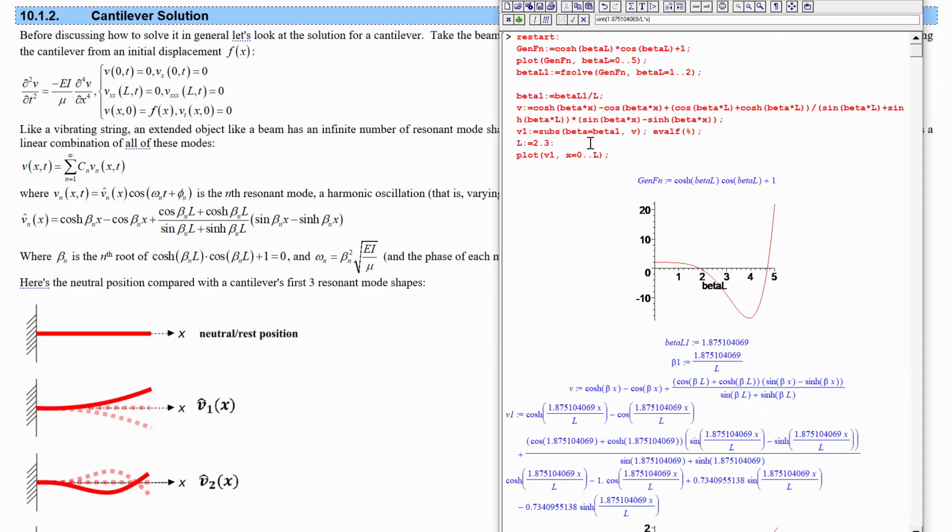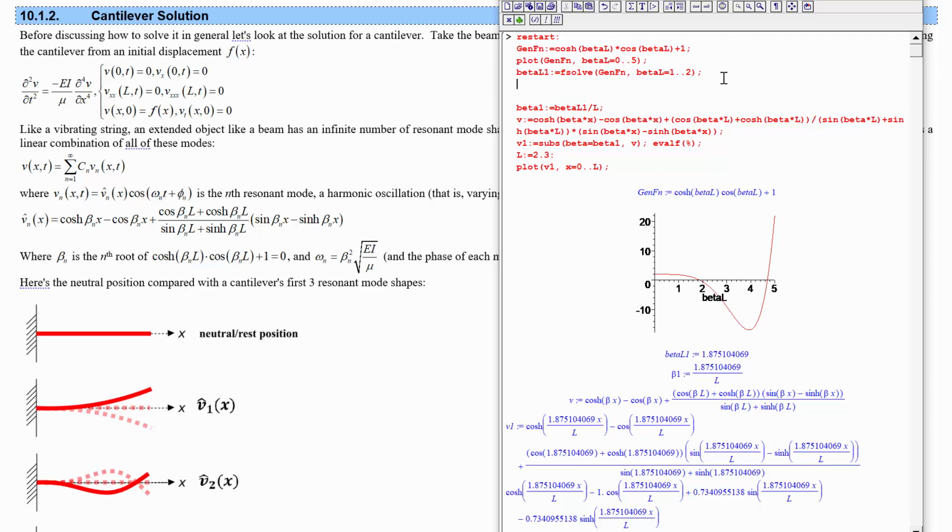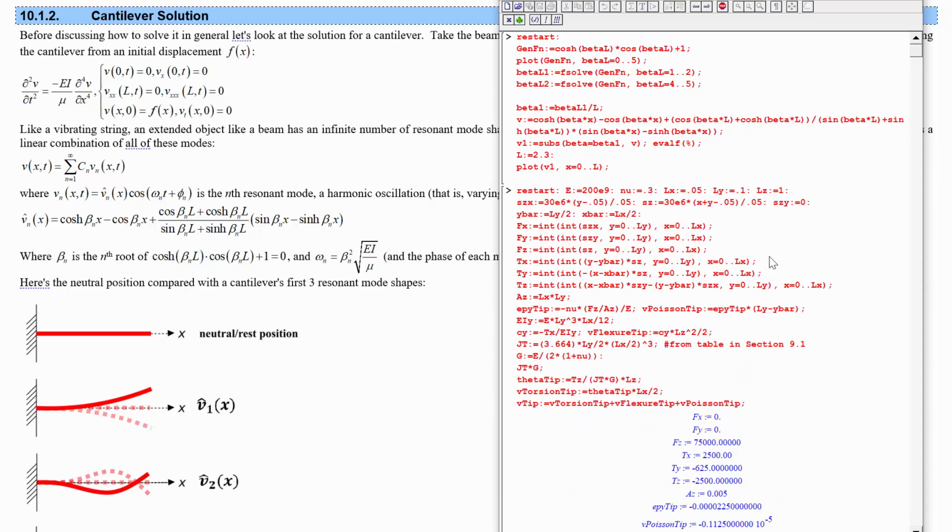What about the second mode? To find that, we would get the second root of this equation. So this is this generating function. It has another root you can see between 4 and 5. Beta L2 is equal to fsolve the generating function. Beta L equals 4 to 5.